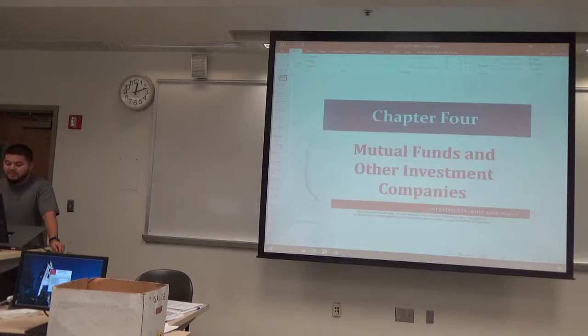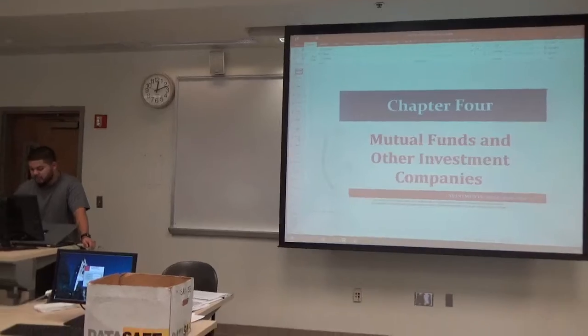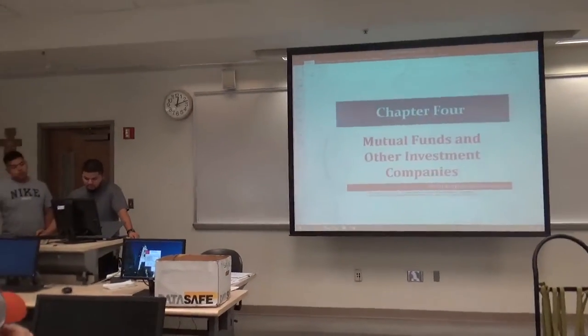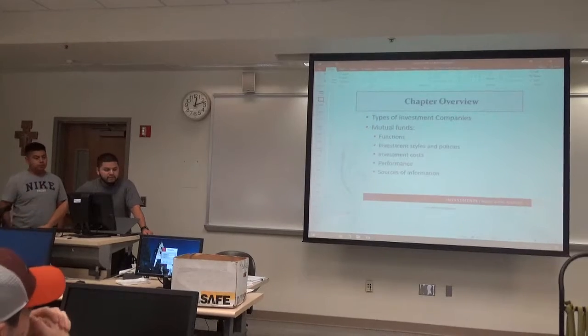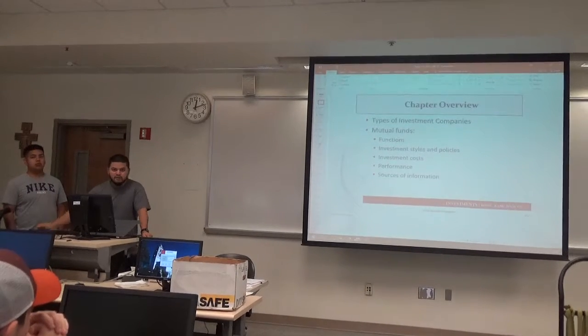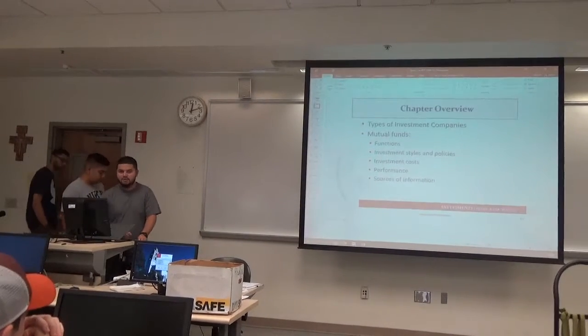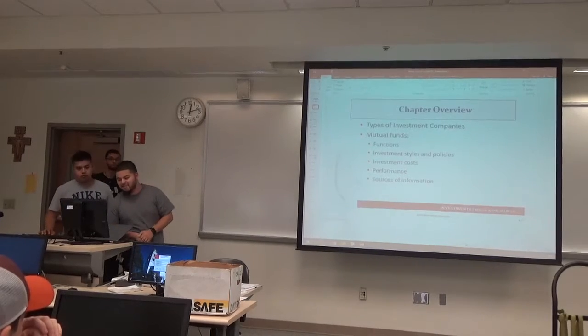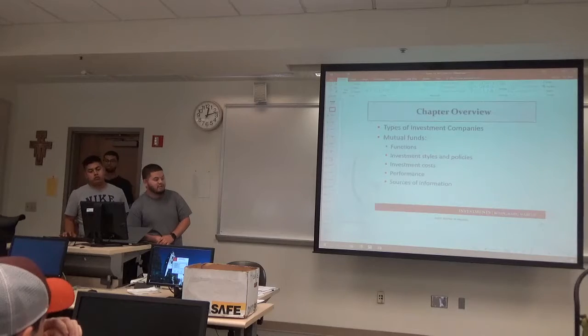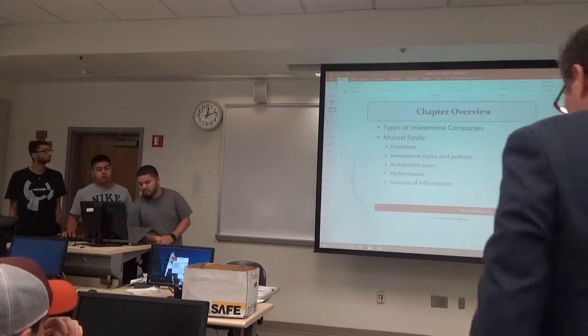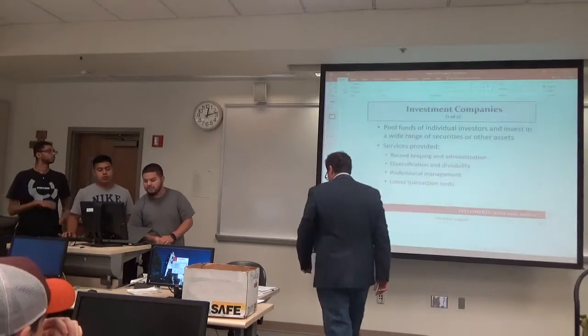Alright, so we're gonna be going over chapter 4, which talks about mutual funds and other investment companies. So the chapter overview is gonna talk about types of investment companies, mutual funds, and then within mutual funds, there's functions, investment styles and policies, investment costs, performance, and then sources of information.